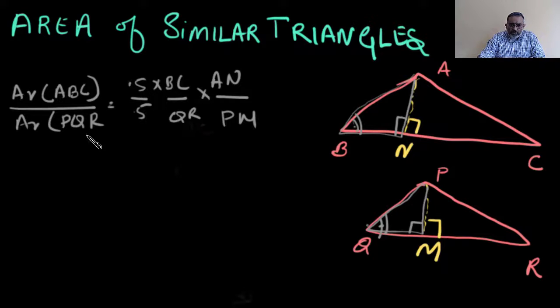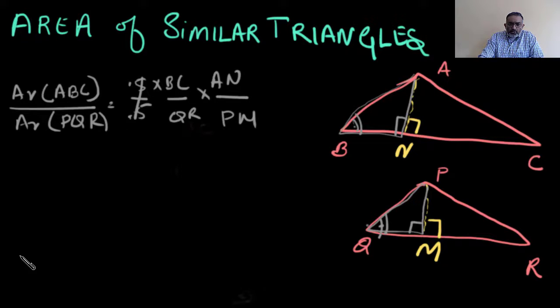Okay, so from the original area equation we have area ABC by PQR is equal to BC times AN times 0.5, of course, divided by 0.5 times QR times PM, the base times height equation.